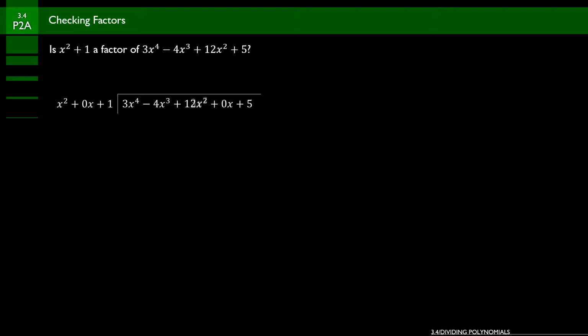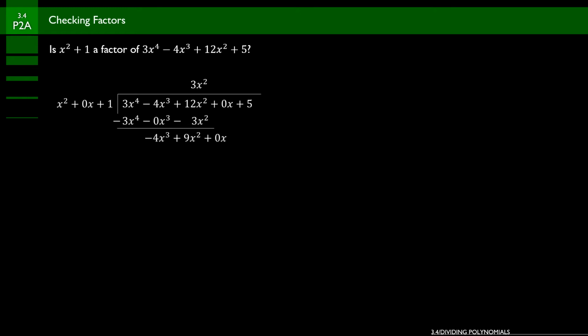So when you multiply x squared, 0x, and 1 by 3x squared, you're left with 3x to the fourth plus 0x cubed plus 3x squared. Now, all of those signs have to be changed. So you're going to go negative 3x to the fourth minus 0x cubed minus 3x squared. Again, if we've done this right, the first term should cancel out. And we have, so now we've got negative 4x cubed plus 9x squared left, and we're going to bring down the 0x.